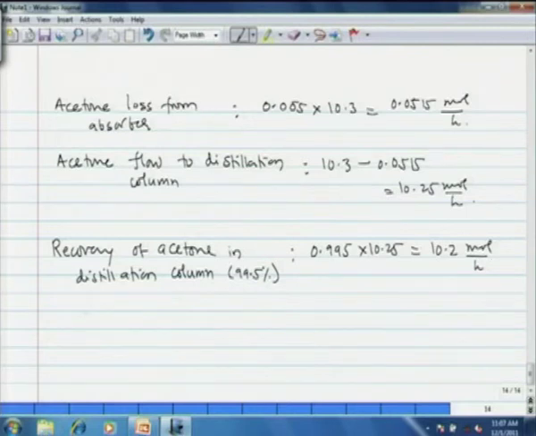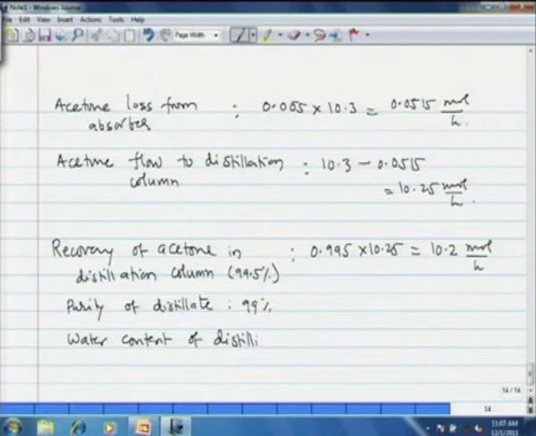Now, the purity of distillate, if we assume to be 99%, then the water content of the distillate can be immediately calculated as (1 minus 0.99) divided by 0.99 into 10.2 mole per hour, which is equal to 0.1 mole per hour.